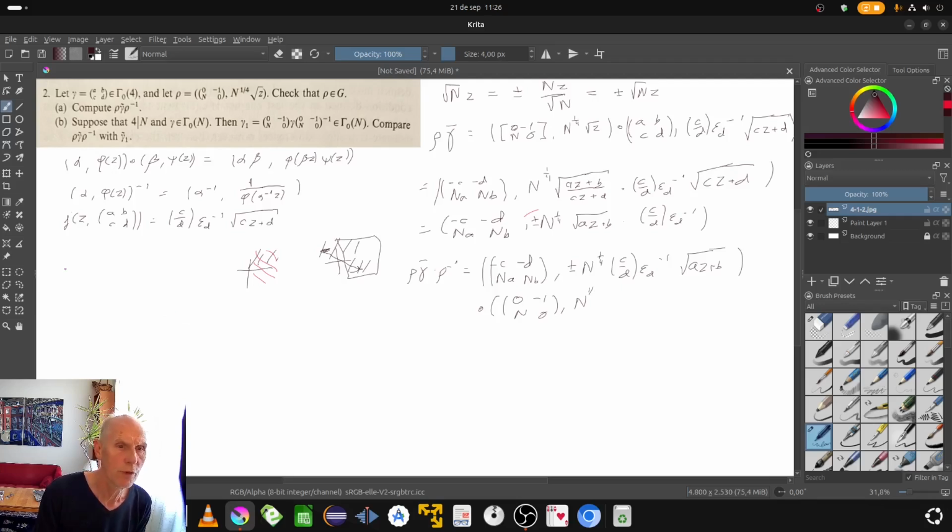So the inverse matrix is minus n divided by n. Then I think this is it.